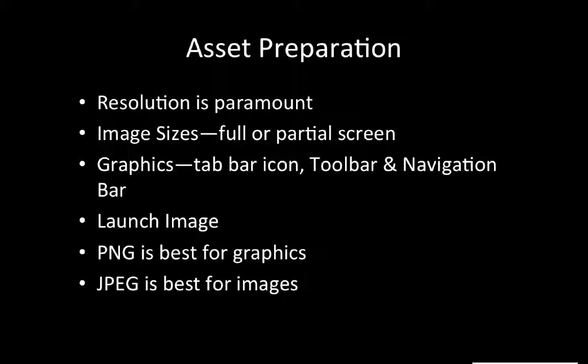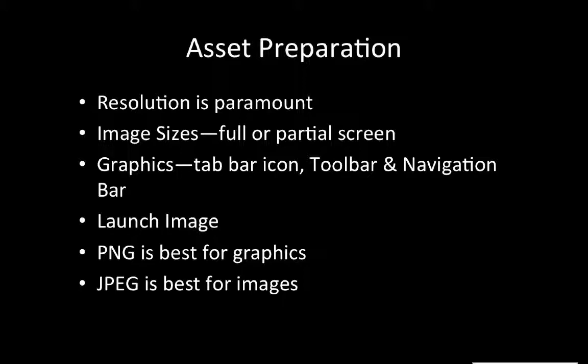In Apple's HIG on icon and image sizes, it gives you specific sizes for custom app icons. So in the tab bar, icon should be 50 by 50 pixels and no larger than 96 by 64. Toolbar and navigation bar icon, the minimum should be 44 by 44, but you want to stick to that size.